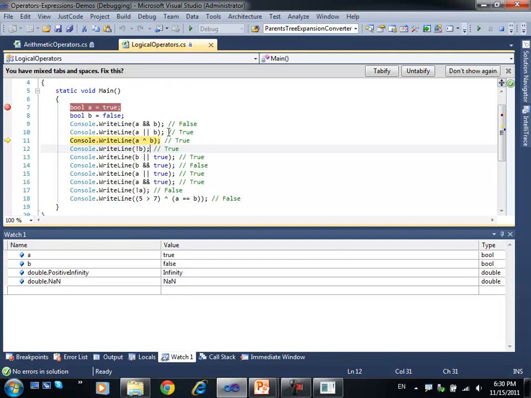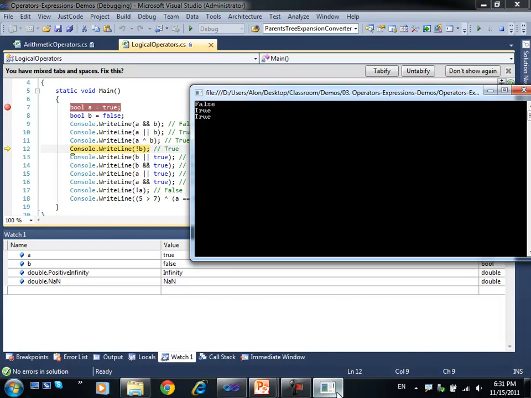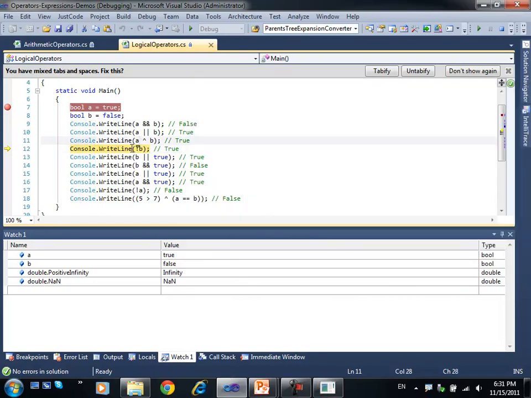Here's the XOR, which returns true only if both of them are different from each other, and that means that if one of them is true and the other is false, we'll have true. There's another operator here which wasn't mentioned in the slide, this exclamation point.